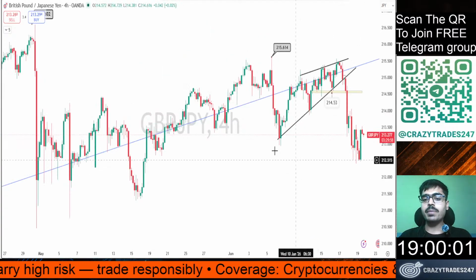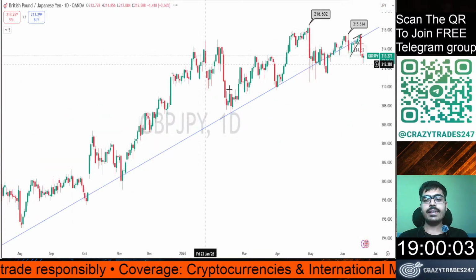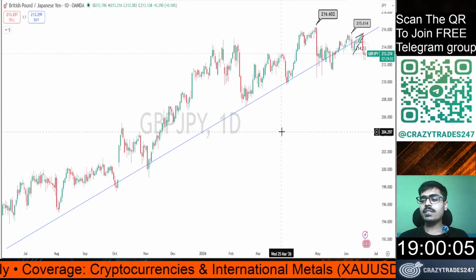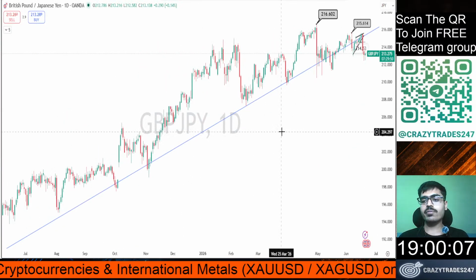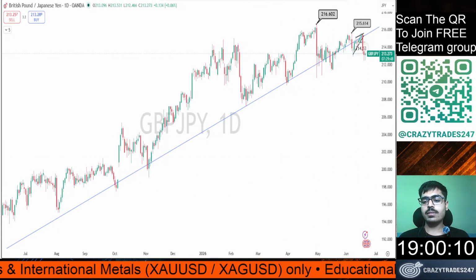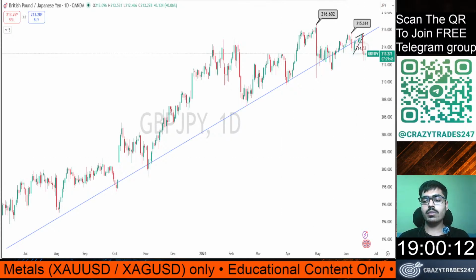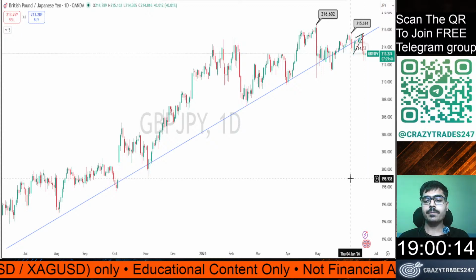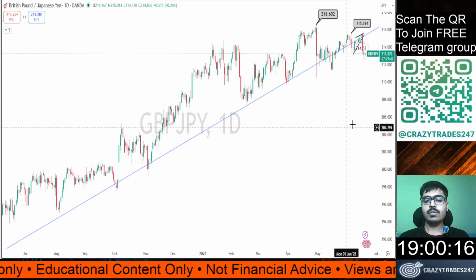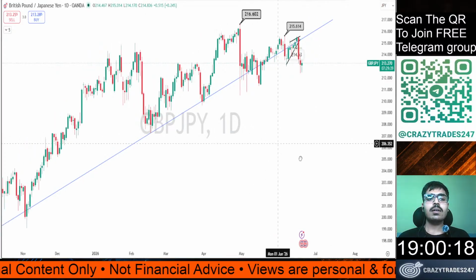Next, we have GBP JPY. In the daily time frame, all JPY quoted currency pairs have good up moves, and they are known for showing really good rallies. So this is not an exception here.